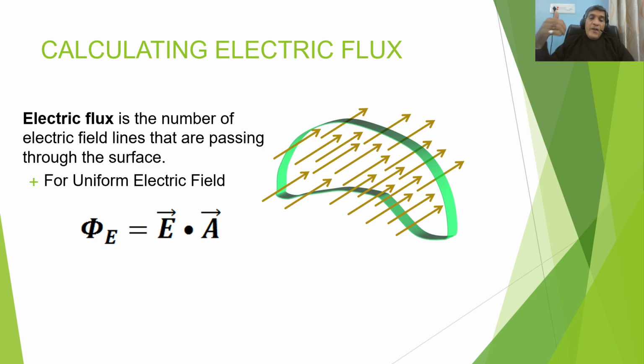So the number of electric lines of force entering and the number leaving the surface are the same. So the electric flux through the surface is again zero, because the surface has no charge inside it. So keep that in mind. If we have to find the electric flux, then definitely the closed surface has to have some net charge inside it. Otherwise, the answer is zero. Now move further.